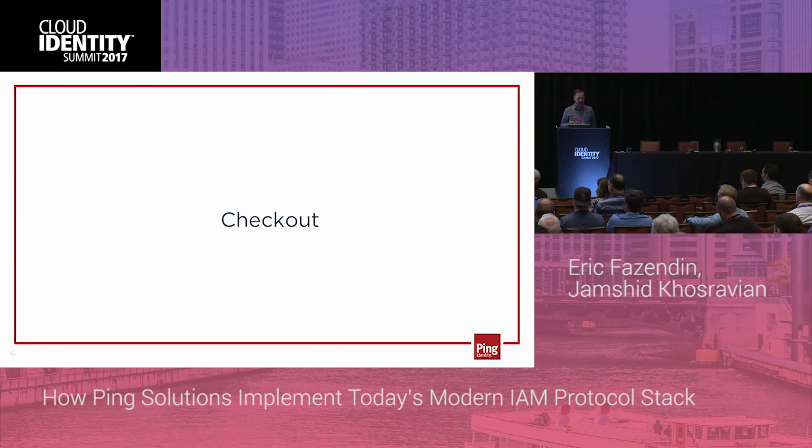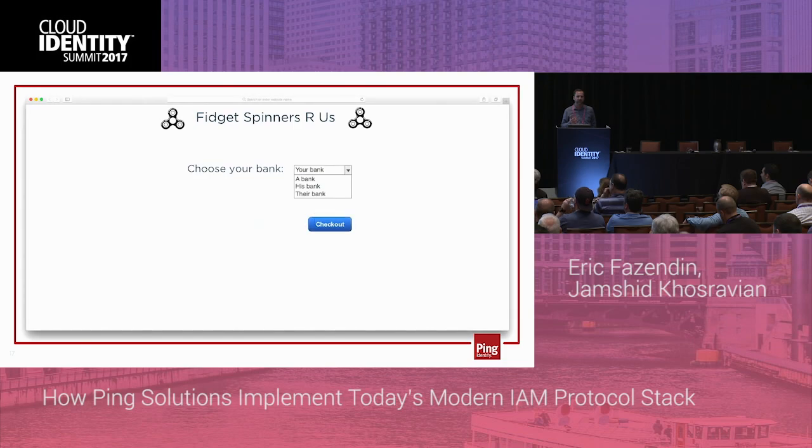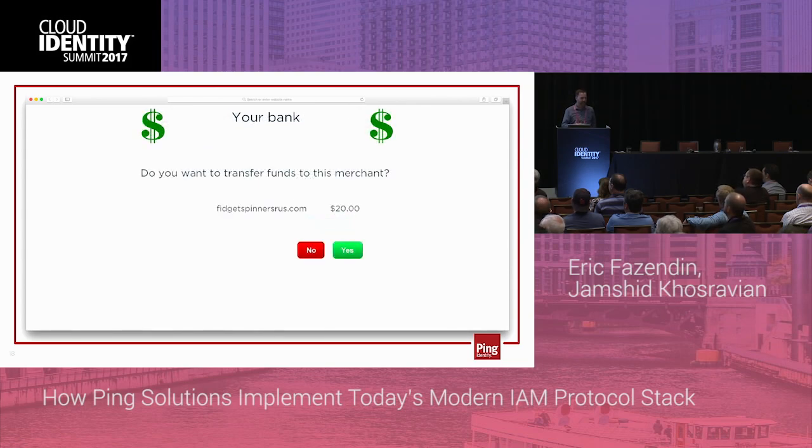Instead of submitting your credit card information, you would identify the bank that you use. So we'll select your bank. You'll click the checkout or the authenticate button, whatever. This will initiate a transaction with your bank so that your bank can actually prompt you and say, do you really want to make this purchase?